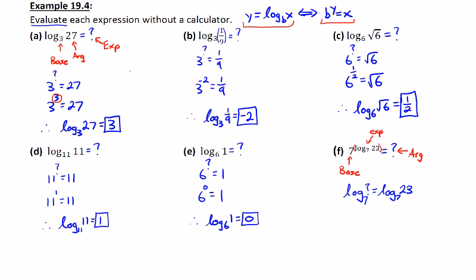And then the only value that I can have in the argument there that would make this statement true is to plug in a 23 for the argument. So then that would make both of the sides say log base 7 of 23. So therefore, 7 raised to the log base 7 of 23 has to be equal to 23.